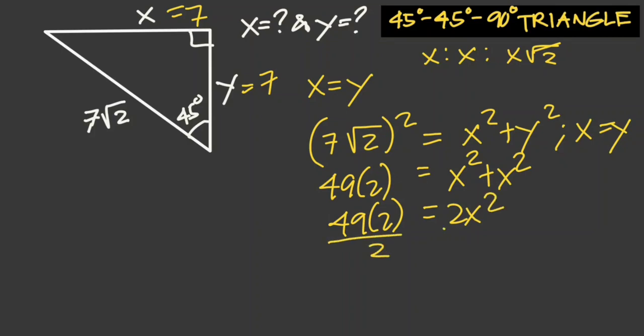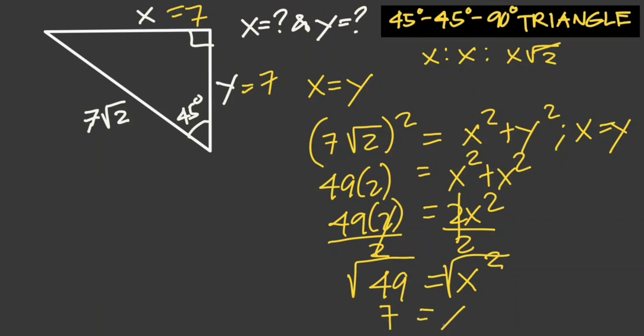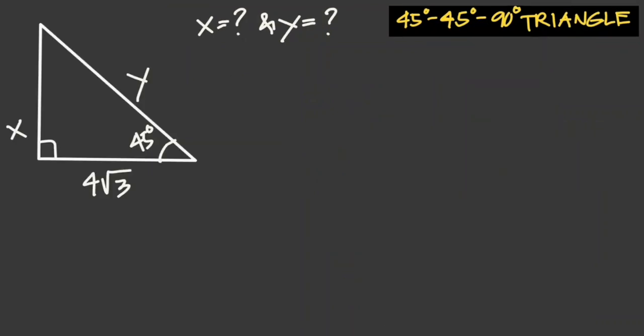We can divide both sides by 2. This cancels out. So 49 is equal to x squared. Then we get the square root. Square root of 49 is 7. Therefore, our x is equal to 7. So the same answer.